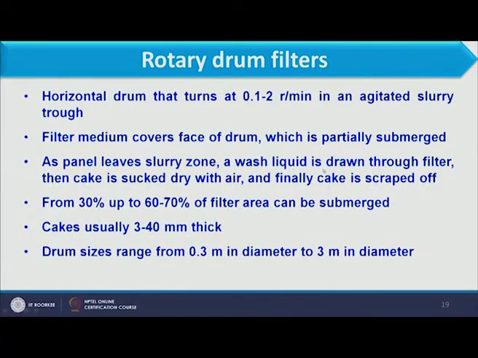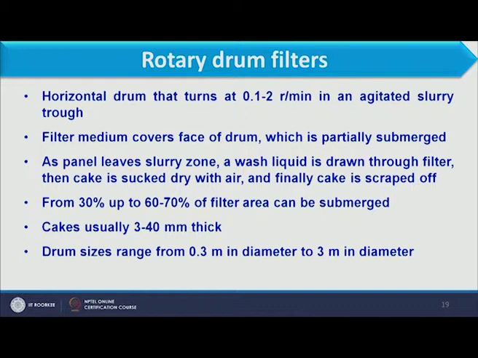As a panel leaves the slurry zone, a wash liquid is drawn through the filter, then the cake is sucked dry with air, and finally the cake is scraped off. From 30% up to 60 to 70% of the filter area can be submerged. Cakes are usually 3 to 40 mm thick.